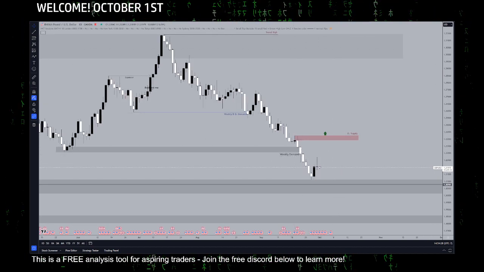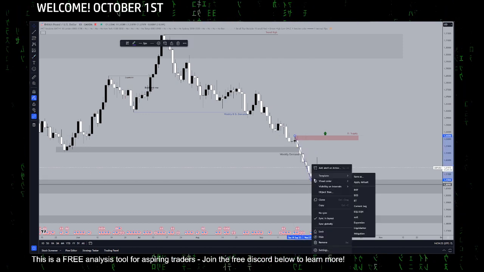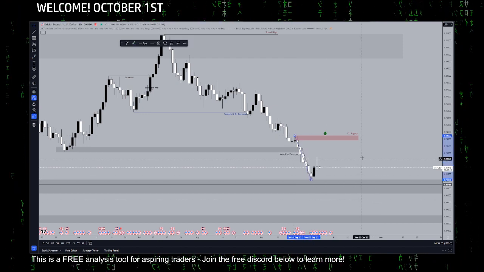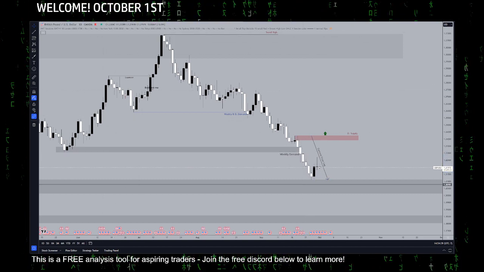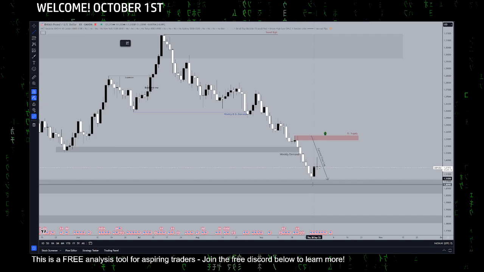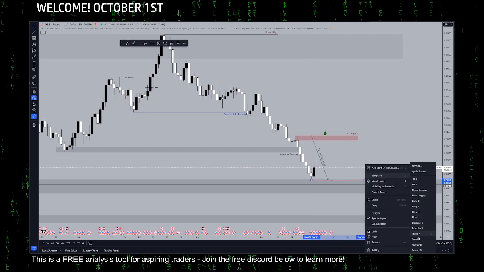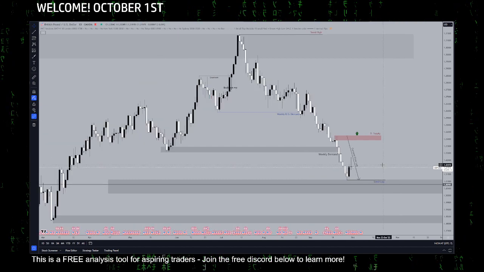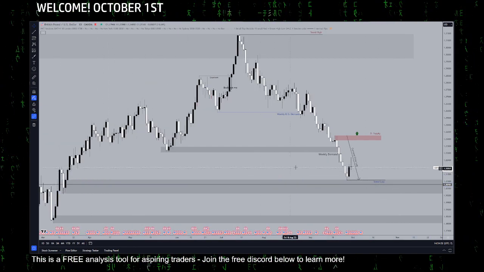On the daily chart, this is our current trend leg right here. There you go. And then as we go into this, we should probably mark out our current trend low. Now, this is just kind of an example of how these zones that I highlight for you work out.